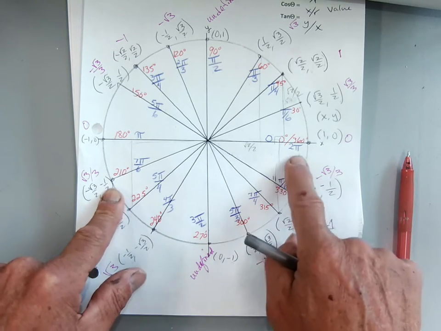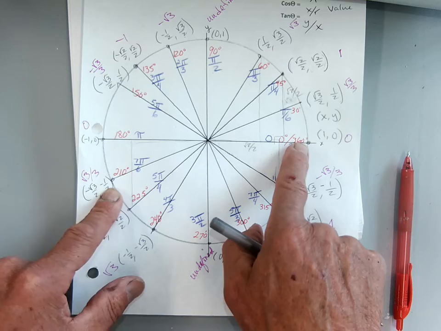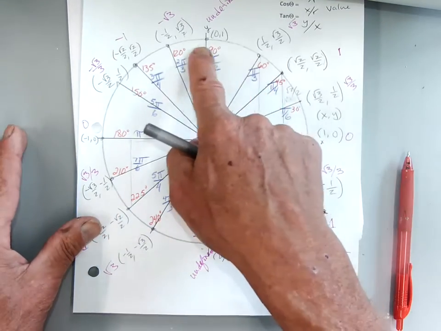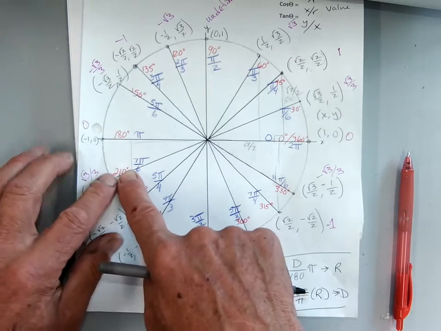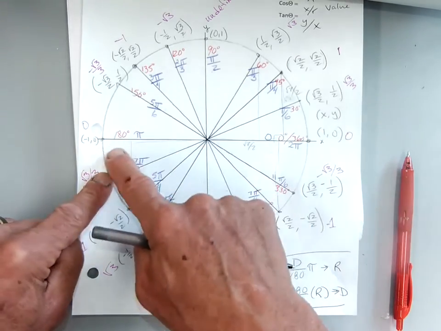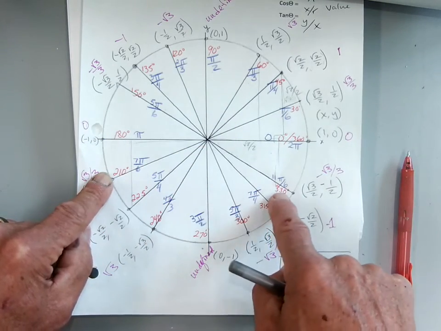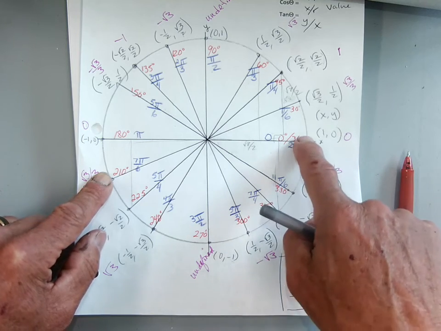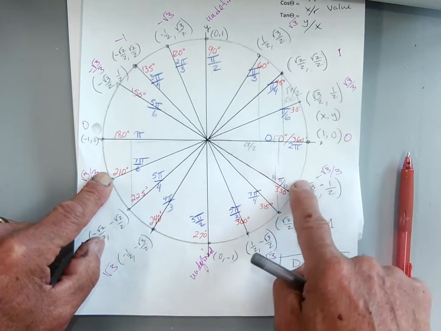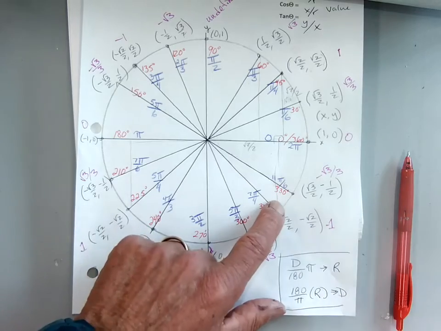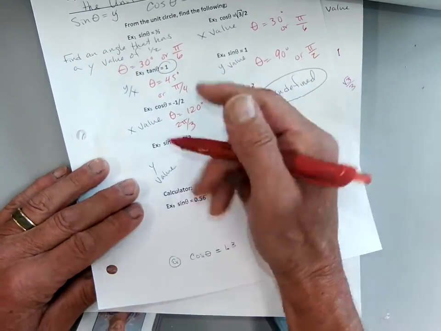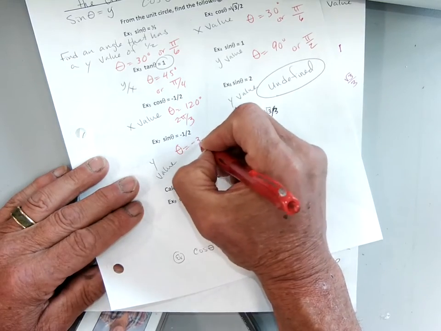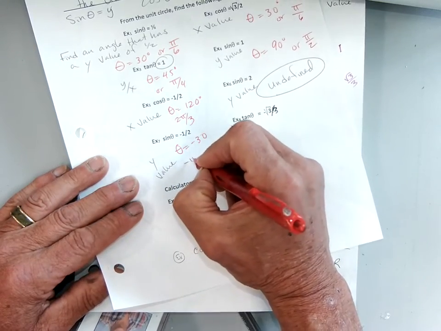All right, so we could run all the way around to here, or we want the one that's closest. So we go backwards. That makes sense? We go backwards. It's got to be a negative 30 degrees. So theta is negative 30 degrees, or negative pi over 6.